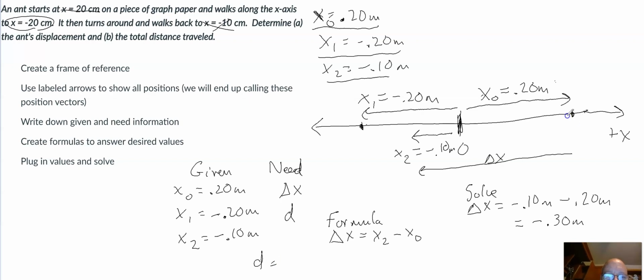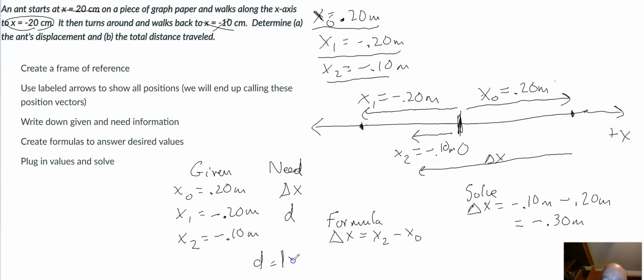I went from x0 to x1 in the first motion, and in order to make this a positive value, again, I don't want to know what the direction is, I just want to know the total number of units. So I'm going to use the absolute value of that. So the absolute value, and I'm still going to say final minus initial.